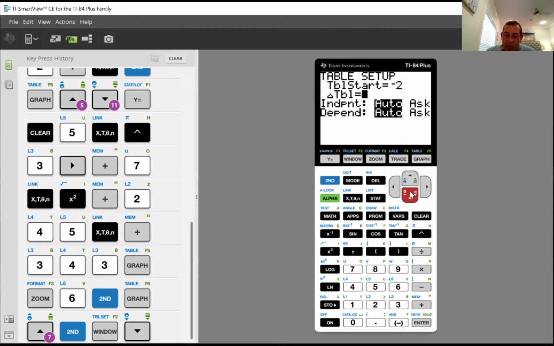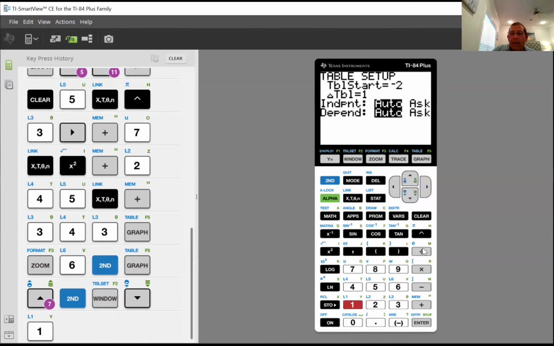So y'all, here's what you're going to do. You're going to go 1 divided by, the first number of the polynomial was a 5. So we're going to do 1 divided by 5. If you start out with a 7x to the third, you'll do 1 divided by 7. We need the table to change by a fraction that matches the first number on your polynomial.